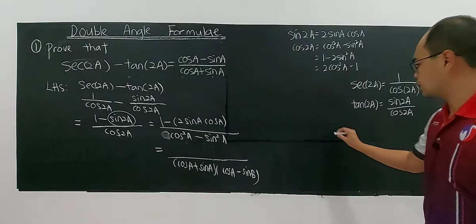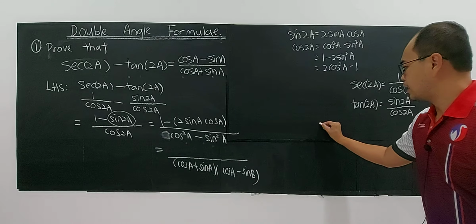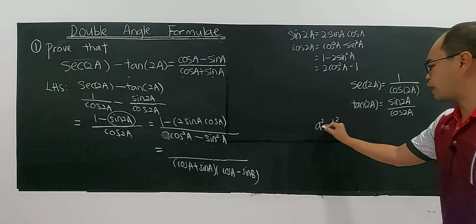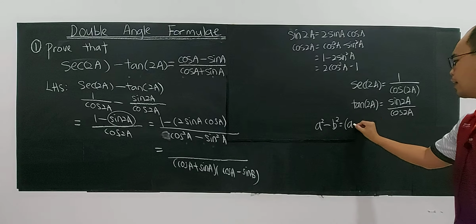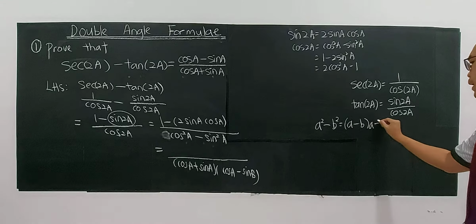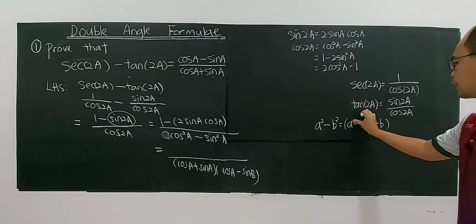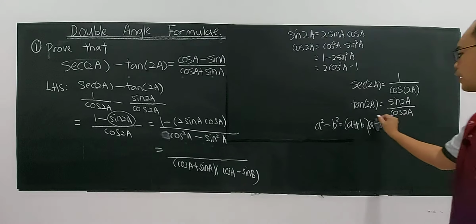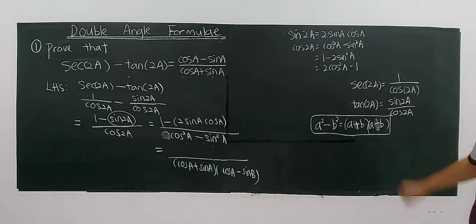This is quite difficult here, because you know this formula, the difference of squares: A square minus B square is the same as A minus B times A plus B, right? So I am going to apply this concept of algebra here.